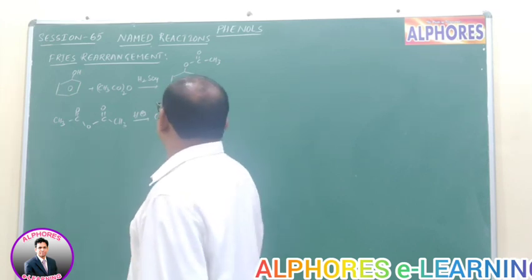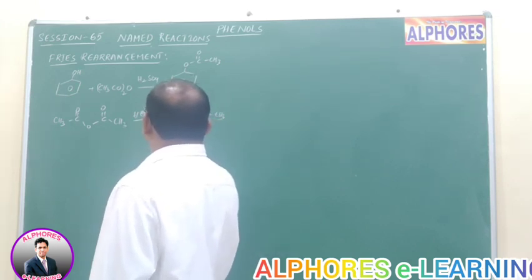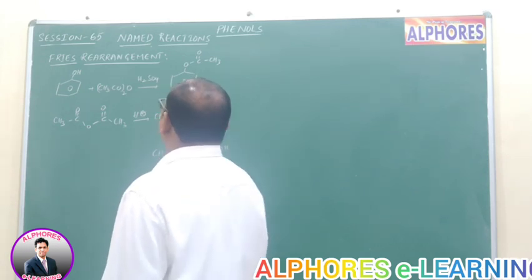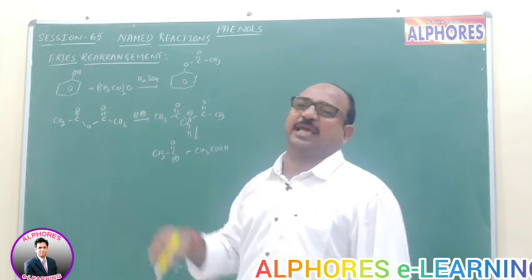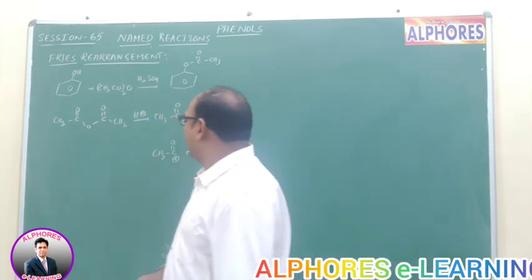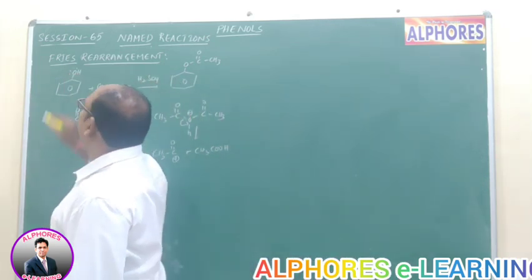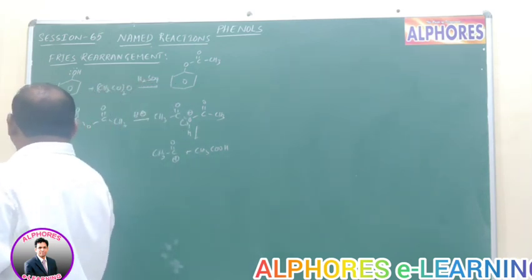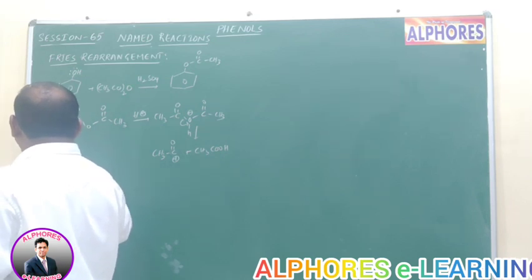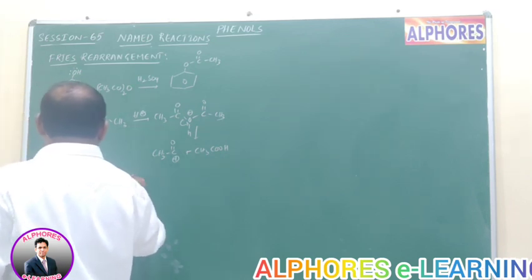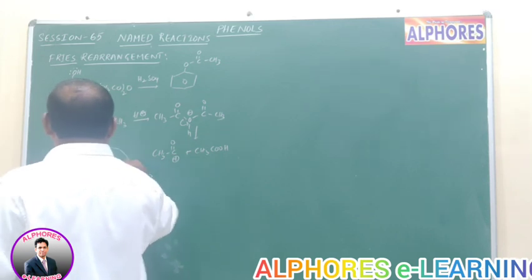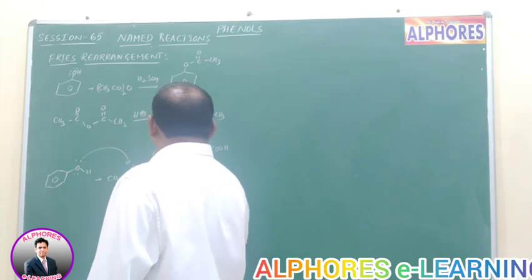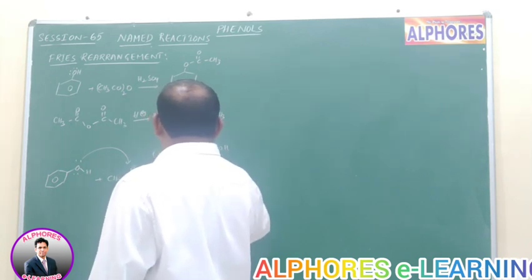Here these electrons come like this, and we get CH3 C double bond O plus, the acylinium carbocation, which is more stable, and this acylinium carbocation has to attack the phenol. To accommodate that, the phenolic oxygen takes part in the reaction. This oxygen reacts with the acylinium carbocation, meaning oxygen donates its electron pair to the acylinium carbocation. In such a case, we get phenolic esters.